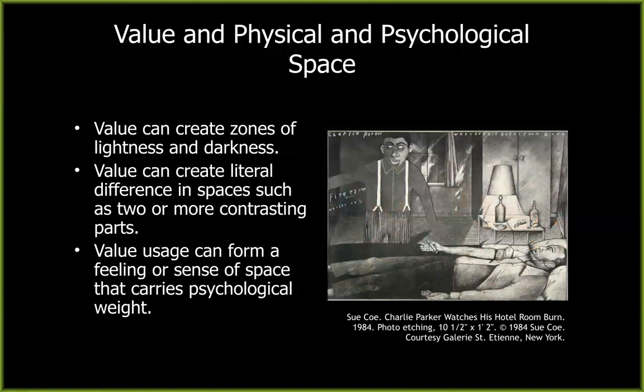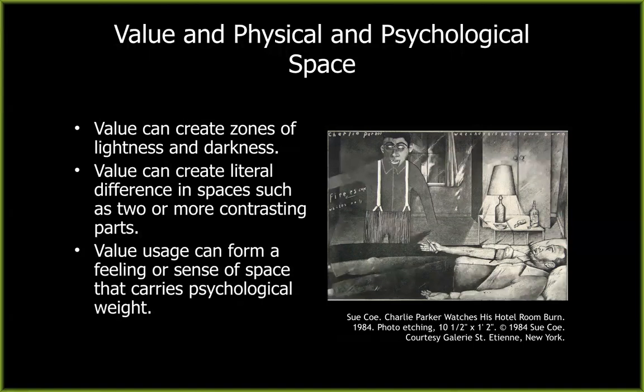You can create certain psychological tension as well as physical space in a piece by using different levels of value. So you can create zones of lightness and dark. And this is an example by Suko. She did this etching of Charlie Parker, who struggled with addiction in his life, and she made a statement about his life, his addiction, his struggle in this piece.